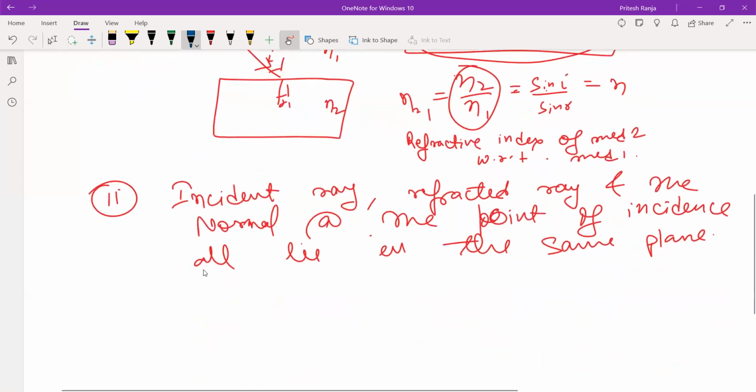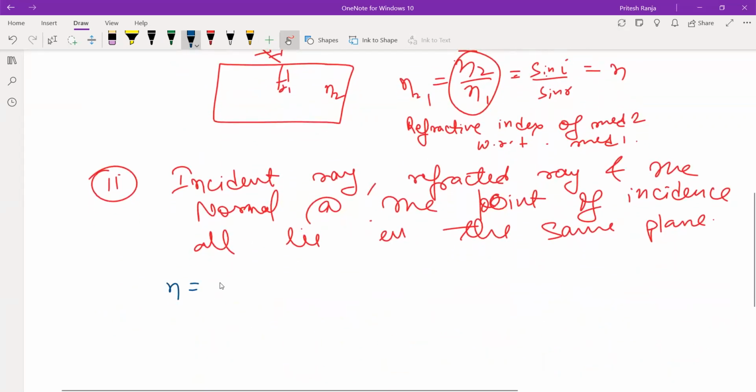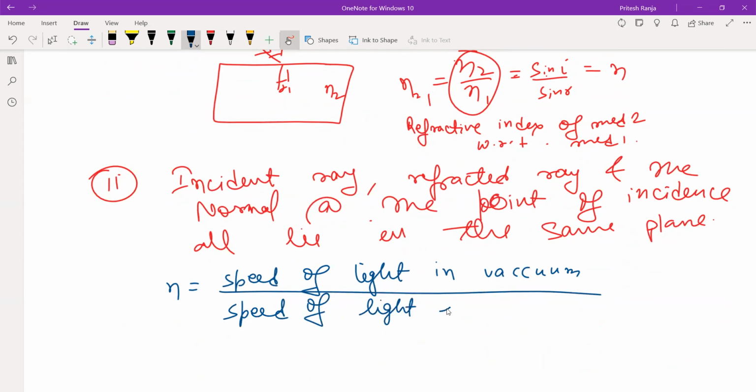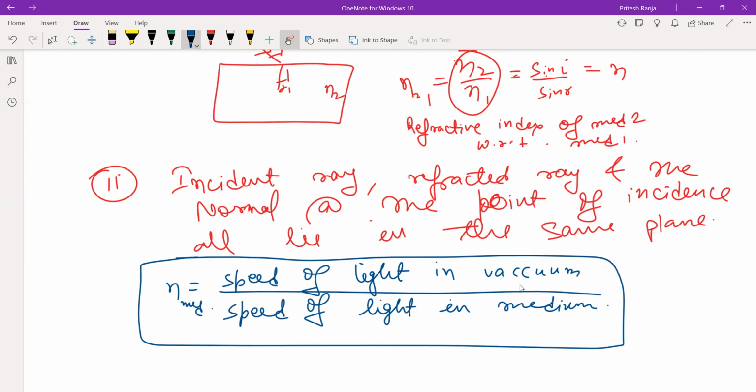There is yet another way to find refractive index. Speed of light in vacuum divided by the speed of light in medium. So this is the refractive index of the medium, the formula to compute refractive index of the medium.